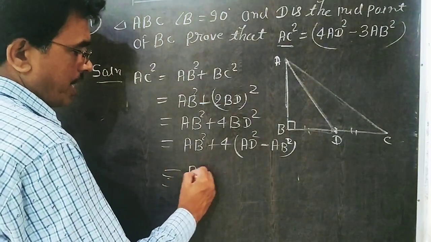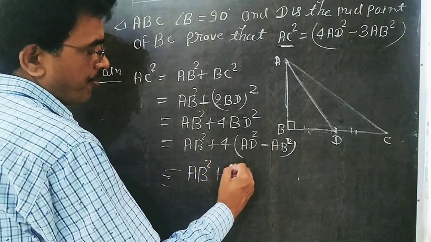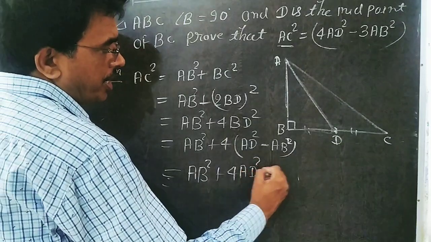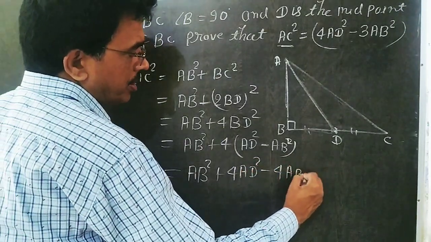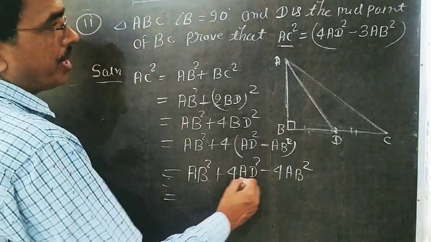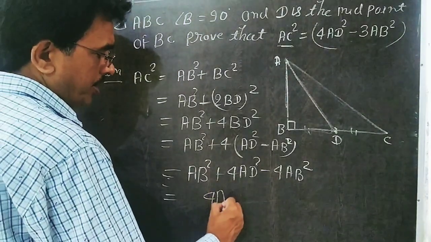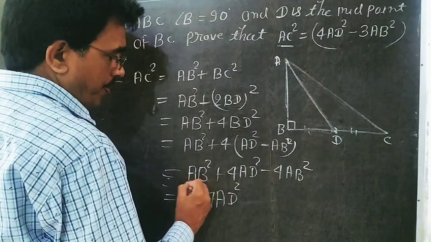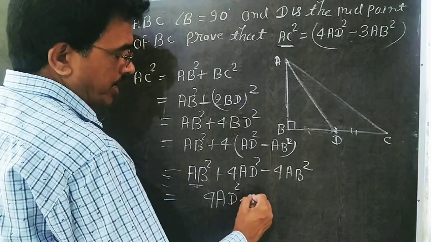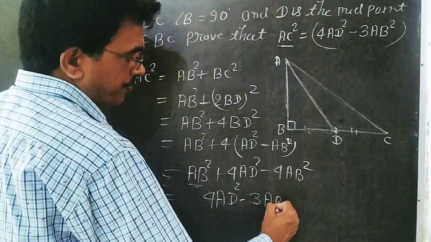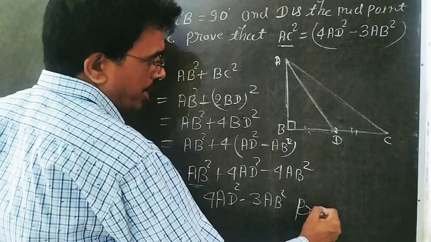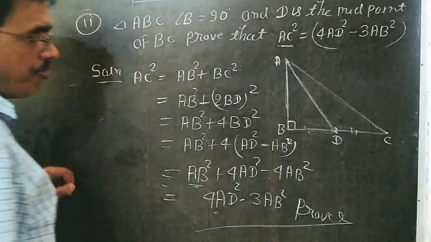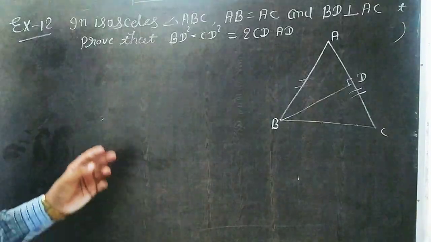Then it is AB square plus 4AD square minus 4AB square. What do you get? You get 4AD square and AB square minus 4AB square, that is minus 3AB square. It is your solution, that is proved. So 4AD square minus 3AB square is the solution.